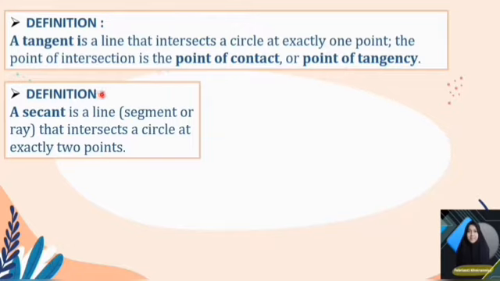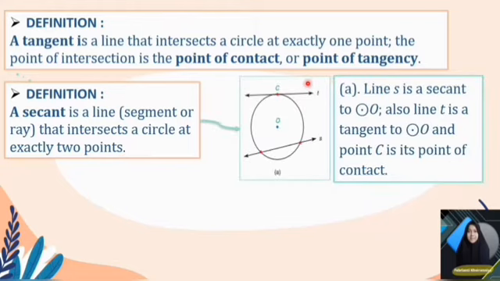Definition: a secant is a line, segment, or ray that intersects a circle at exactly 2 points. From figure A, line S is a secant to circle O. Also, line T is a tangent to circle O, and point C is its point of contact.